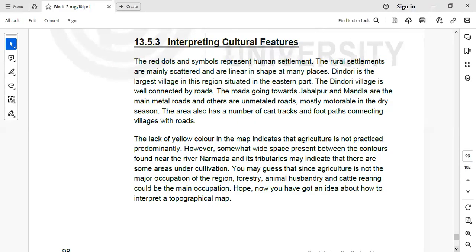Then we discussed the various types of map projections and the importance of the Universal Transverse Mercator map projection. Then we discussed the various types of maps, map scale, spherical coordinates, topographical maps, the numbering system of topographical maps, and the physical and cultural features of the topographical maps, and how we can interpret or extract the information by using the conventional signs, symbols, and legends from the topographical maps.